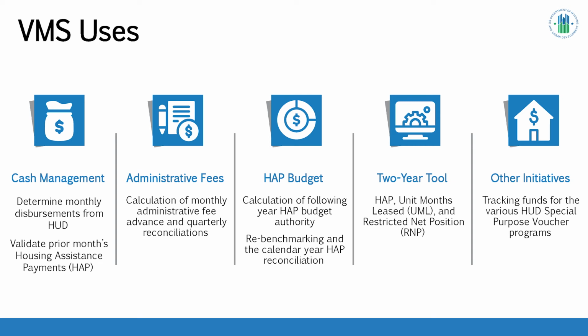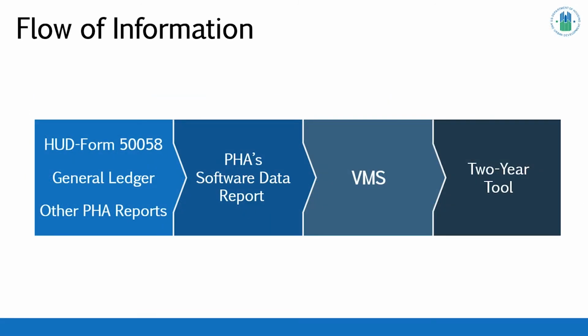The two-year tool will be using unit months leased and restricted net position from the VMS, as well as HUD will be tracking other initiatives internally from the VMS. The flow of information from the PHA would generally be created from HUD Form 50058, the General Ledger, and other PHA reports.